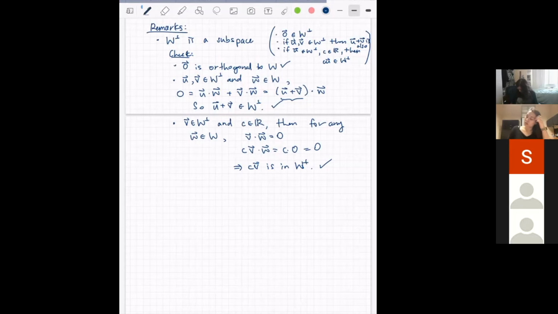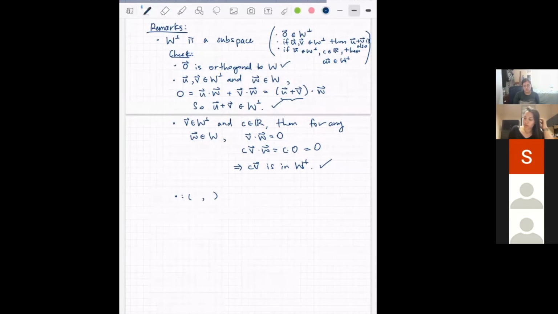Yeah, I guess you could define it so it's a binary operation, right? So you said the action of the vector space on a subspace.